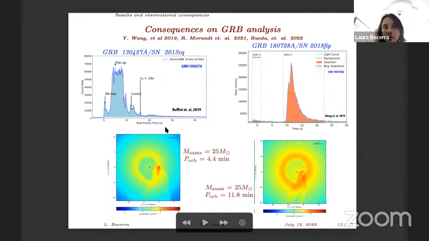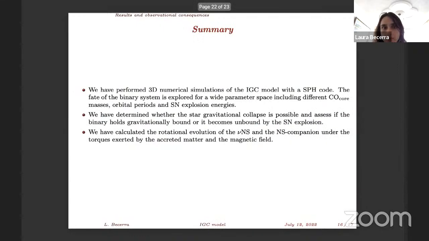For this GRB, the one on the left, we can associate a system of around 4.4 minutes, and for the one on the right, a system of around 11.8 minutes. The ratio of both systems is of the order of 2, and is consistent with the simulation that tells us that if we increase a lot the binary orbital period in the initial binary system, the neutron star could not collapse to a black hole.